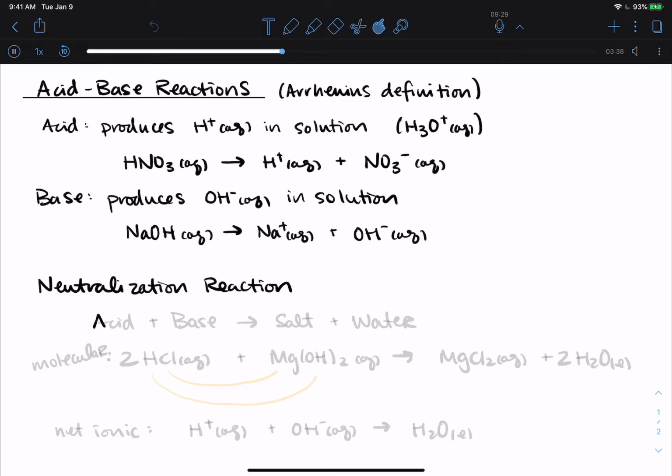And the basic outline for this is that an acid reacting with a base produces a salt and some water. And we will get this just by doing the swapping partners that we did with our ionic equations and net ionic equations in the last video.